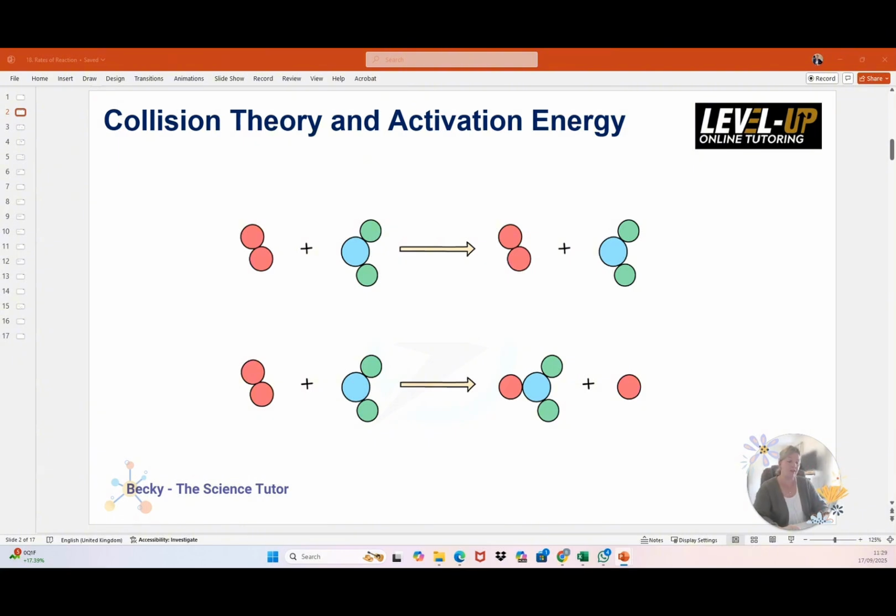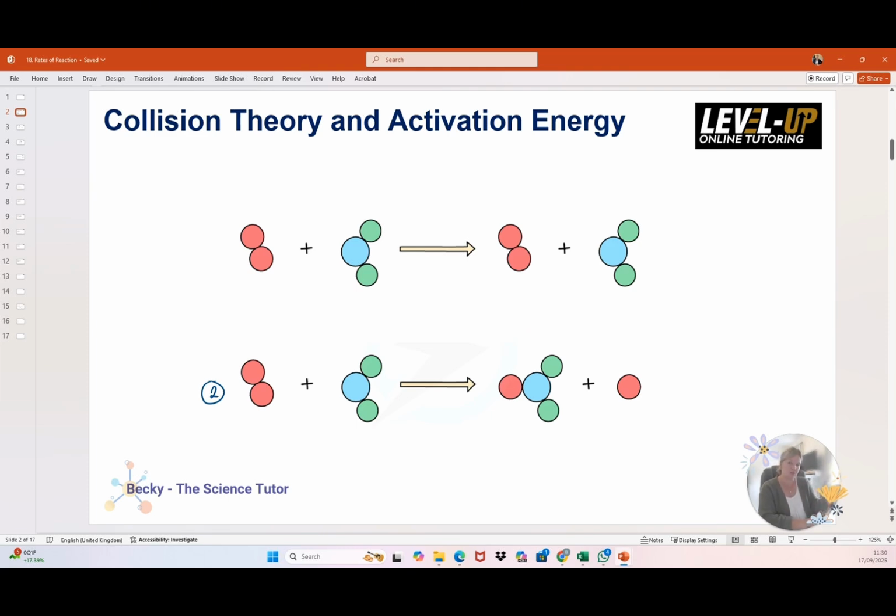So in scenario 2 that you can see at the bottom, if we look at our products, we've got different products to the reactants that we put in. So that means that one, they must have collided, and two, they must have collided with enough energy for that reaction to happen.